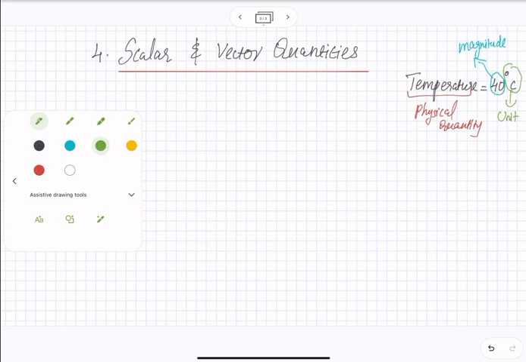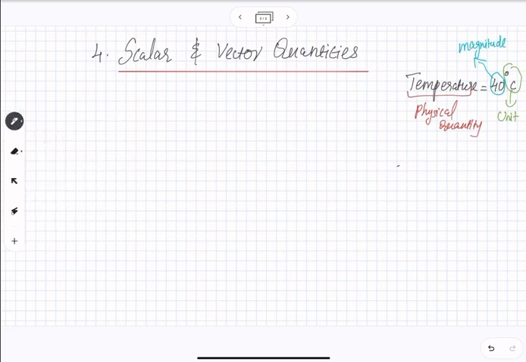So another example I am showing here, that is force. We can write the force acting on an object is 100 Newton, but we should mention the direction here. If it is towards right, the object will move towards right. But if it is towards left, object will move towards left. So we can write down force is 100 Newton towards right.